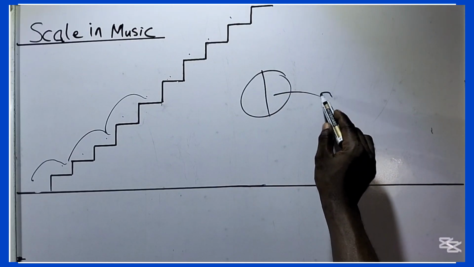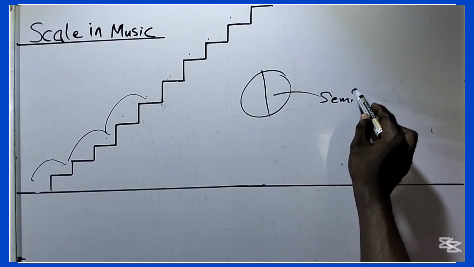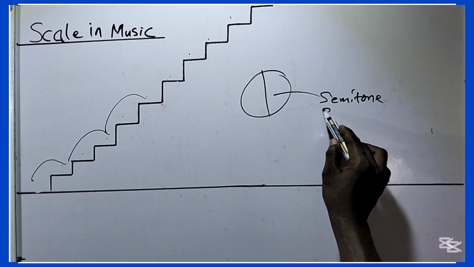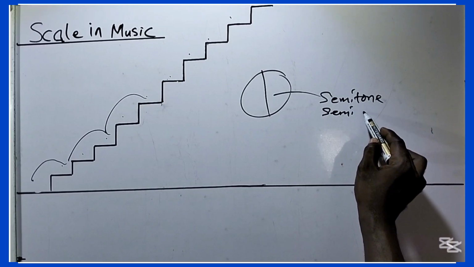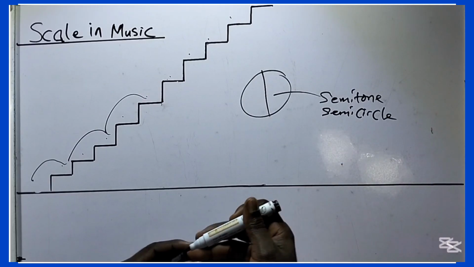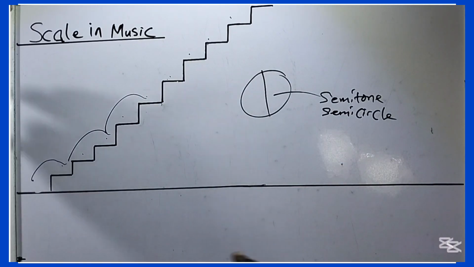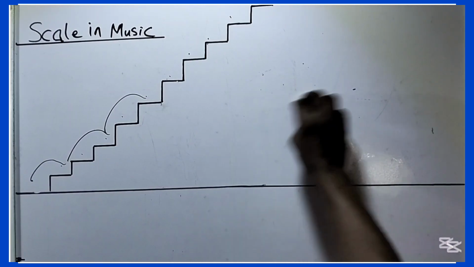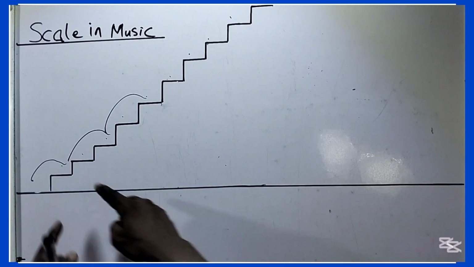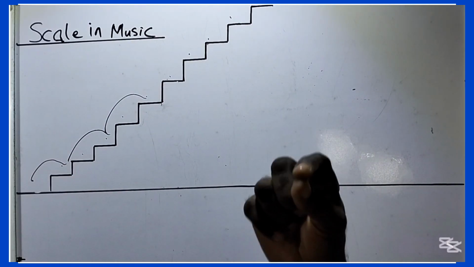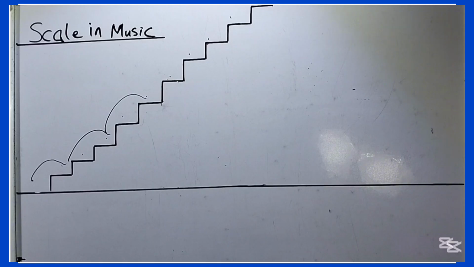Do you understand? Half of a tone is a semitone, half of a circle is a semicircle. What makes a tone is this plus this, combined together. That is how to understand it.